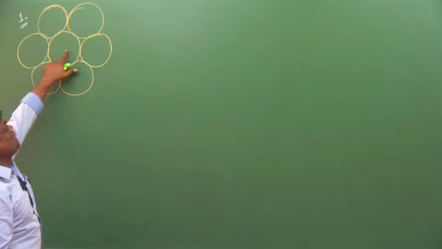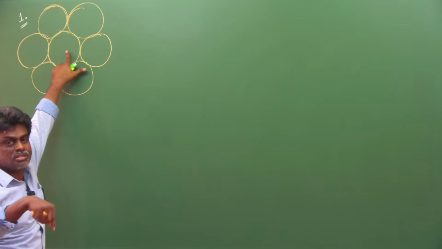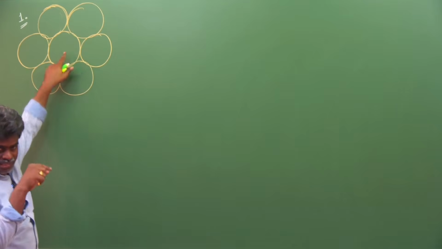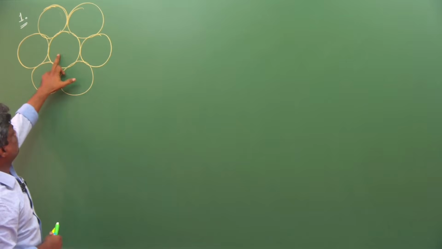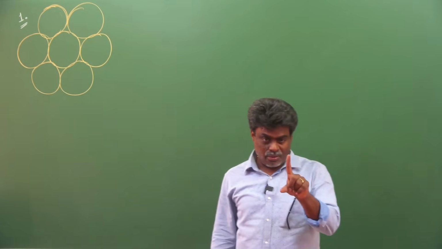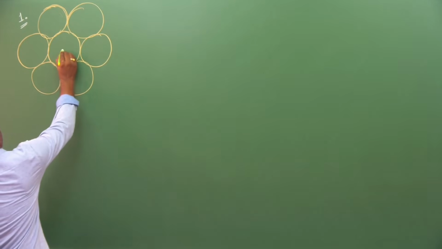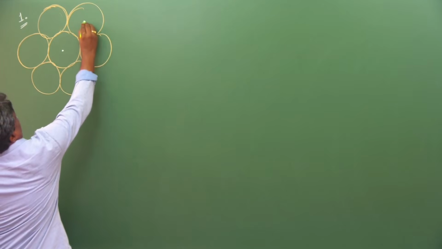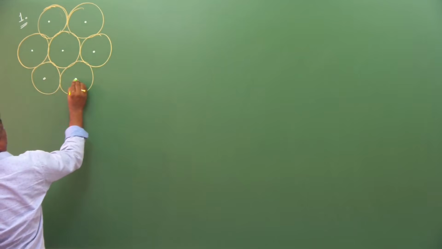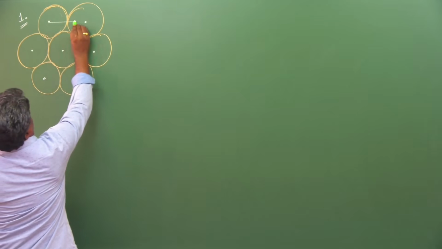That means minimum it should enclose one atom. That is the meaning of the closest possible way. It should enclose at least one circle, one disk. If you see carefully, this is the closest possible way, because it is enclosing one disk or one atom, whatever it is. So at each center we have a lattice point. Is it clear?